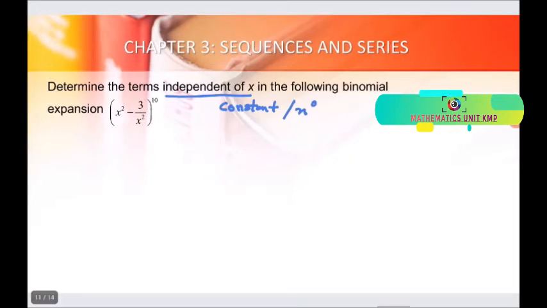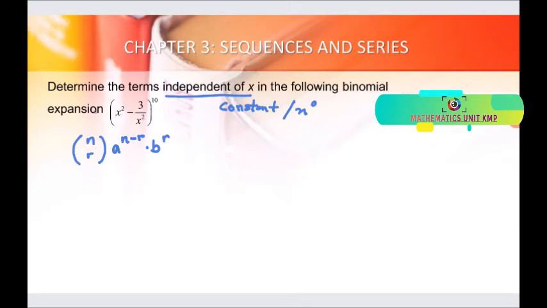Okay, so we use the same formula, nCr multiplied with a to the power of n minus r multiplied with b to the power of r. From the binomial expression, a is equal to x squared, b is equal to negative 3 over x squared, and n is equal to 10.